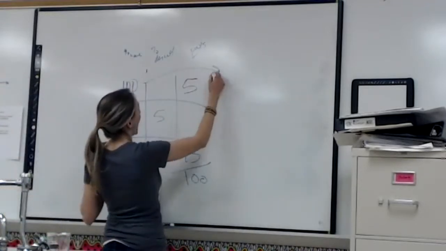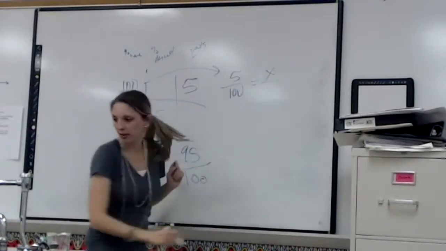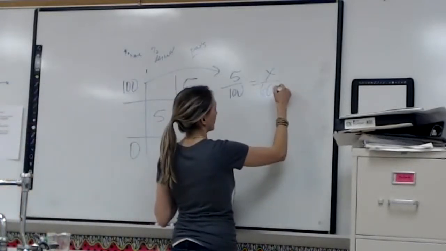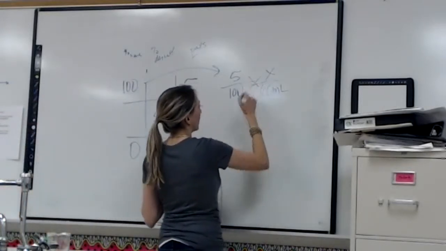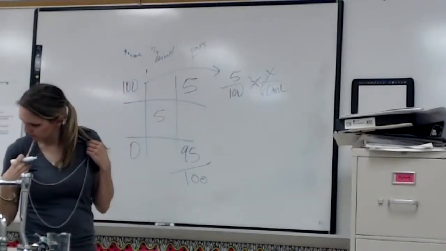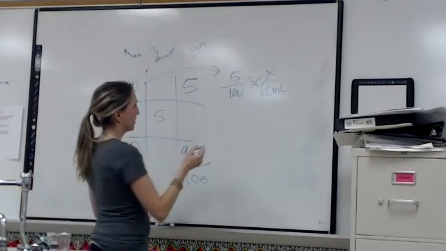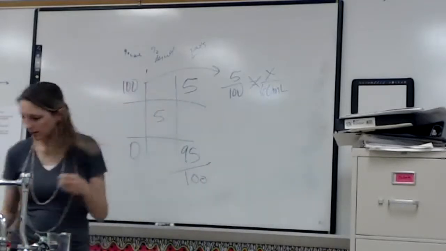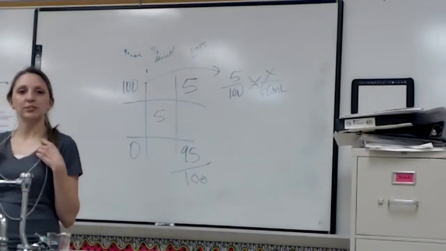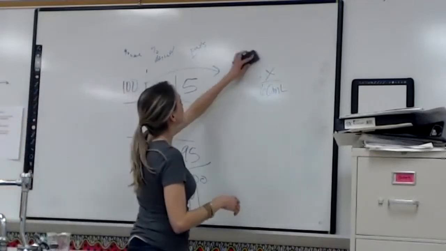So out of boric acid, 5 out of 100 equals X over 60 milliliters. Should give us the right amount. Should be 3, but let's check. Oh, I can't check that one on there. But that's another way to do these problems.